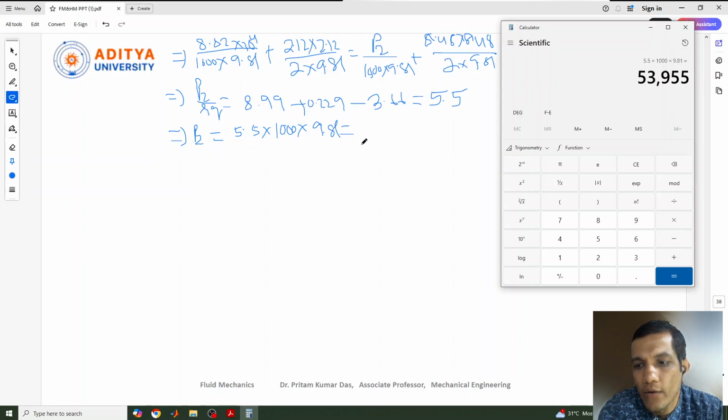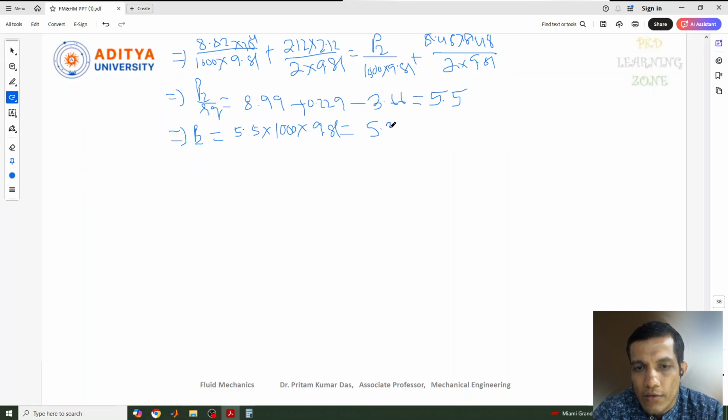This is the pressure value. In terms of Newton per meter square, you can write 5.39 into 10 to the power 4 Newton per meter square. Okay, so we got this value.